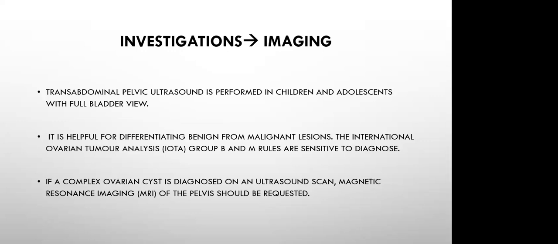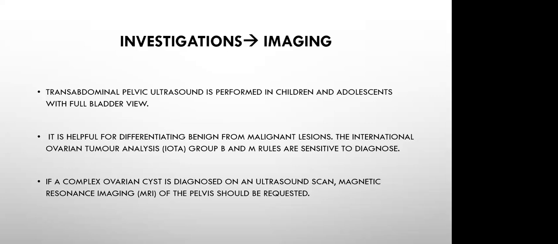It's helpful for differentiating benign from malignant lesions, maybe according to IOTA criteria, which all of you know very well. If the cyst or the lesion is complex, the ultrasound scan can be confirmed with MRI.